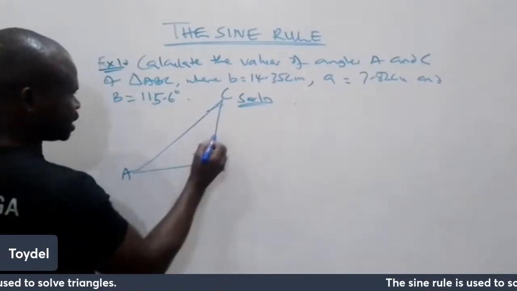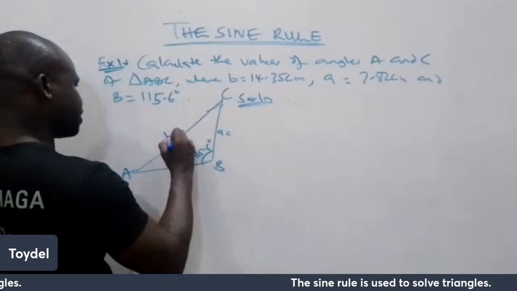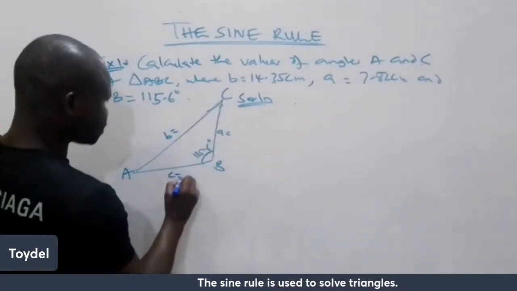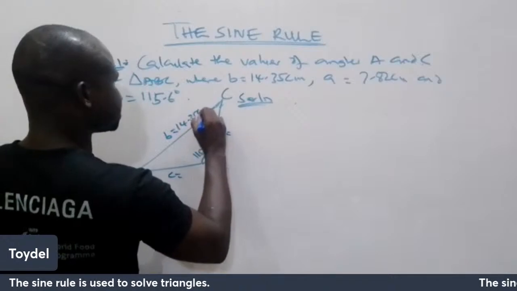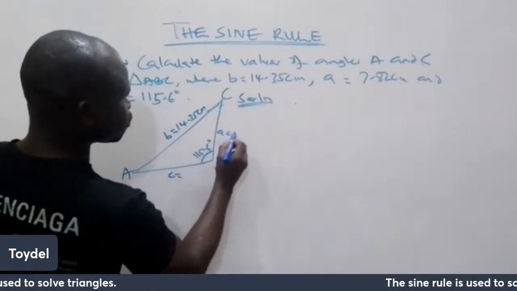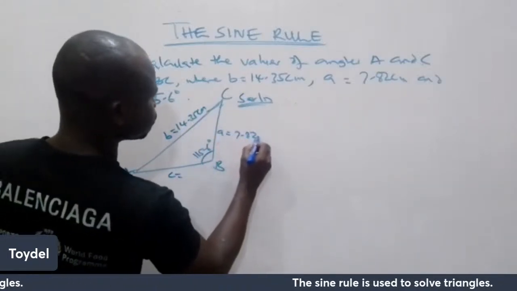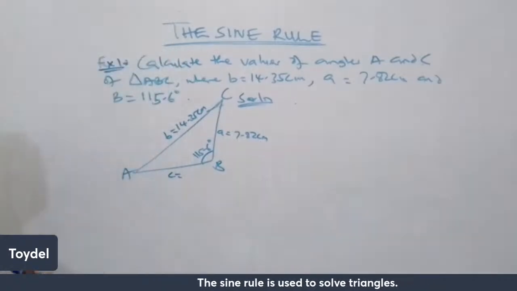We are given side b to be 14.35 centimeters and side a to be 7.82 centimeters. So this is what we are given.